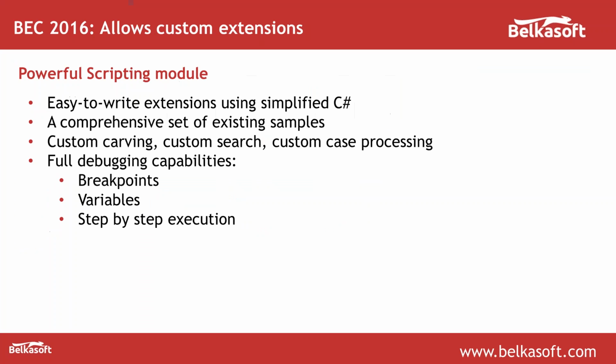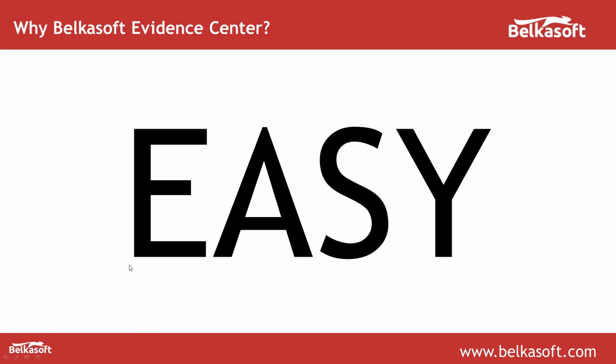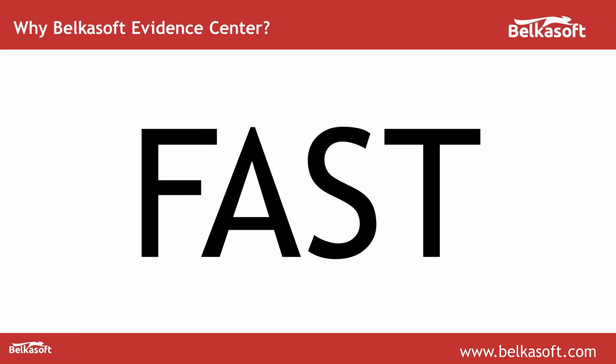Okay, let me go back to my slides and summarize what I've shown you today. You've seen that Evidence Center is a pretty easy tool to use. Just 2 clicks to add and analyze a data source. It's pretty fast because it doesn't index everything on a hard drive.